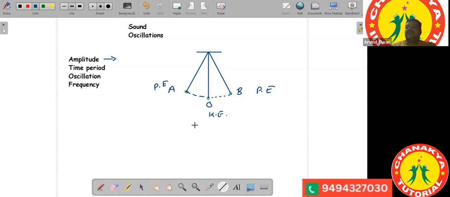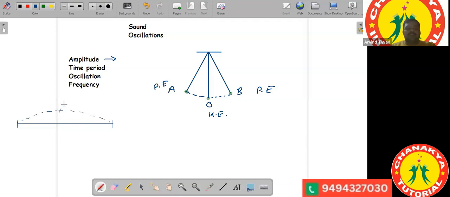See, in the last class, I made you understand using some other diagram, and that diagram was a string. We took here a string. Do you remember? If you pluck the string from between, to pluck it, you have to move it a certain distance to one of the sides.